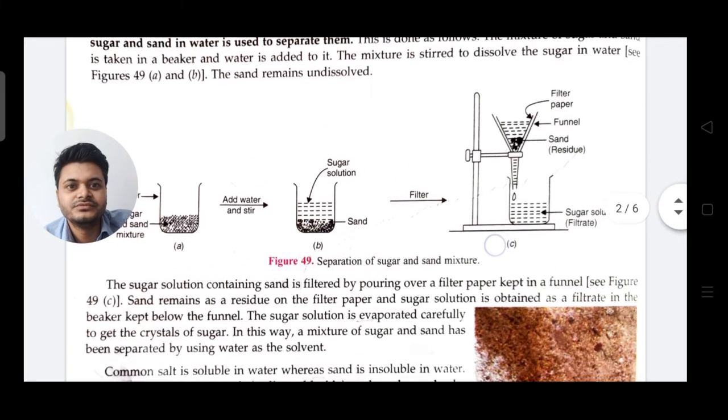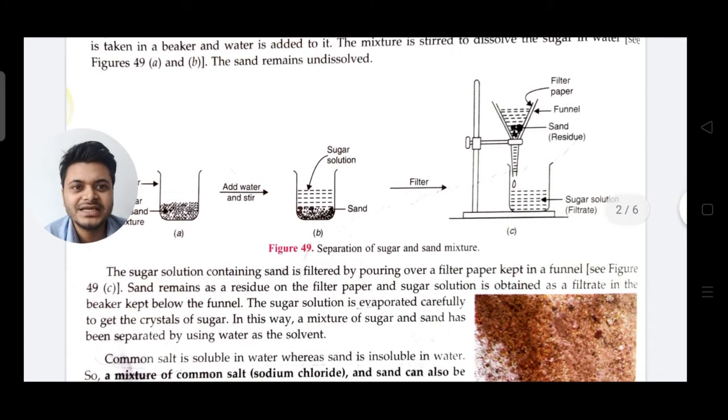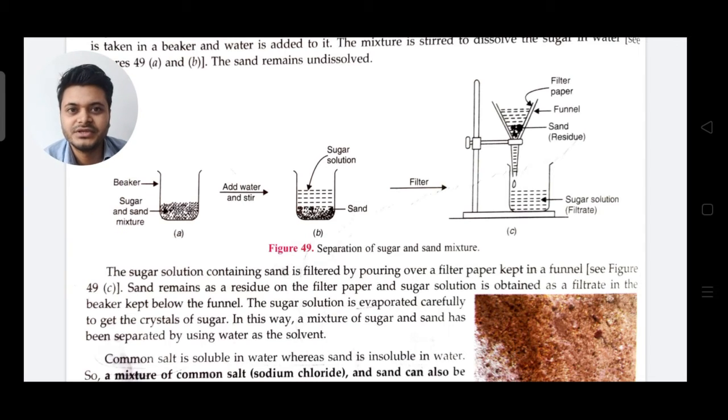Next, the sugar solution containing sand is filtered by pouring it over a filter paper kept in a funnel. So you can see here we have taken in a beaker sugar, sand and water. Sugar is dissolved in water whereas sand is not dissolved. Now we are taking a filter paper and a funnel and we separate it by the method of filtration.